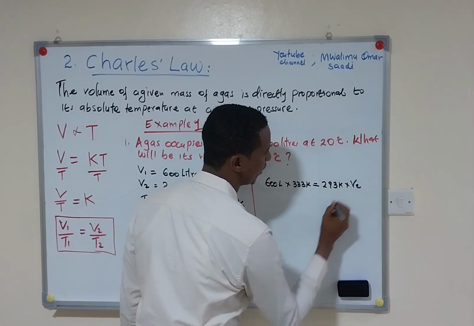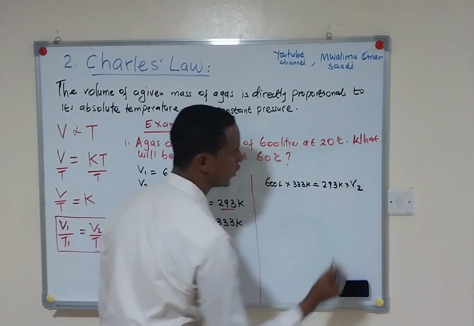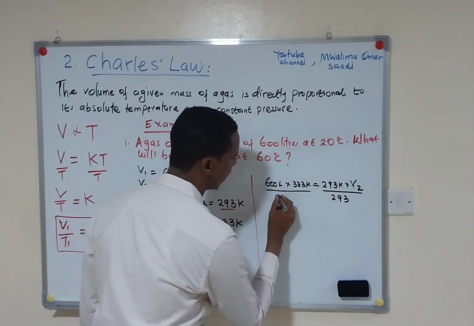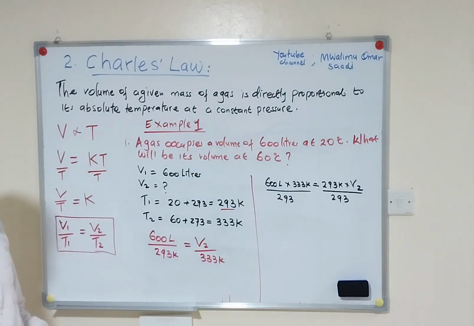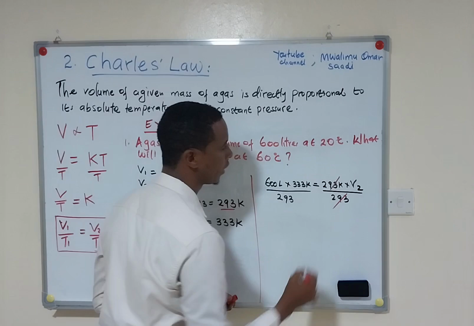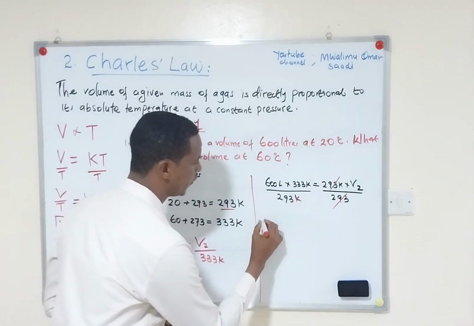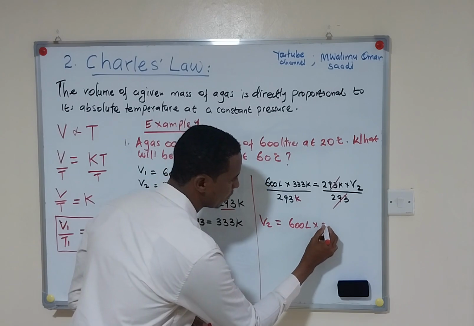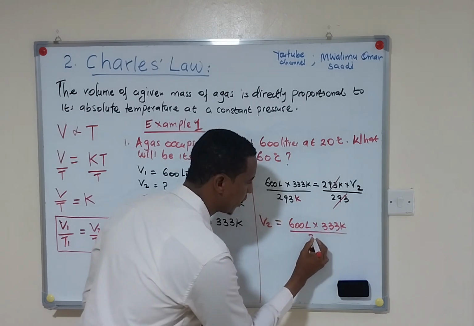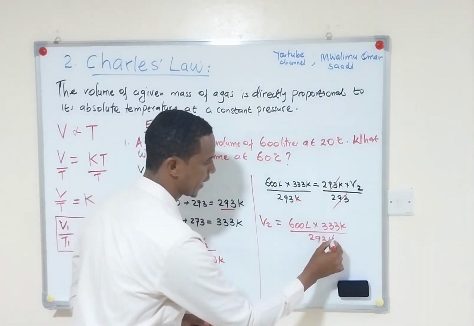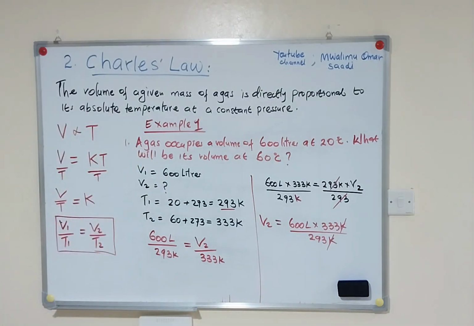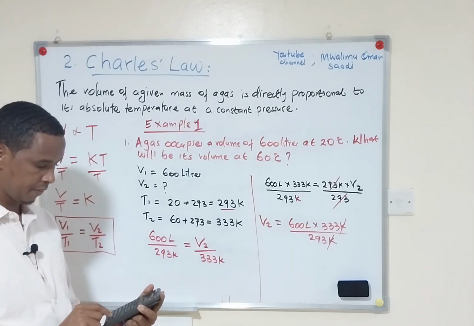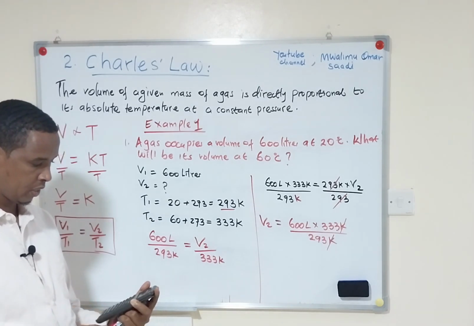To get V2, we divide by 293 on this side and 293 on the other side, so 293 cancels with 293 K. We remain with V2 equal to 600 liters times 333 K all over 293 K. Let us cancel K with K. So we remain with 600 times 333, divided by 293.